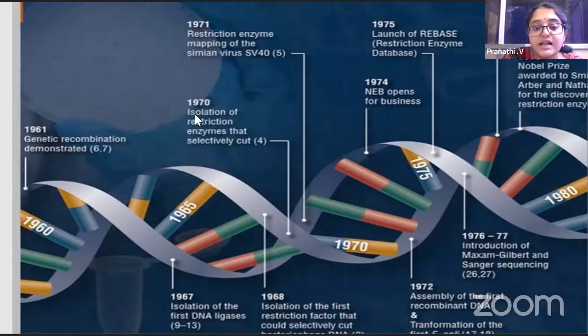Isolation was done in 1970, but the discovery of restriction endonucleases was given the Nobel Prize in the year 1978, and the first cloning vector pBR322 was given in 1977.